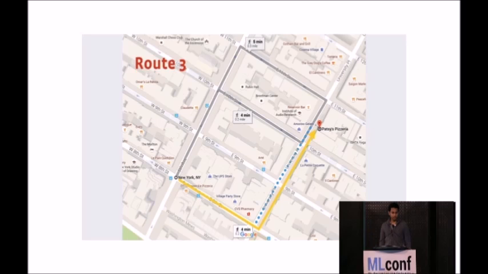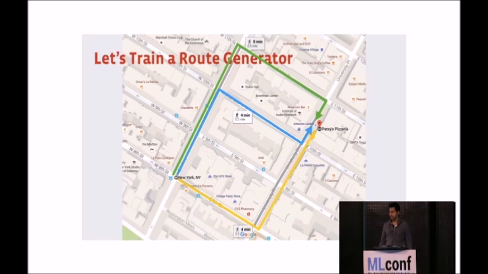Now, what you can think of Google Maps here when you're asking it for routes is some kind of a route generator. You give it point A and point B, and it's giving you all the possible routes that you can take within some bounds of common sense.